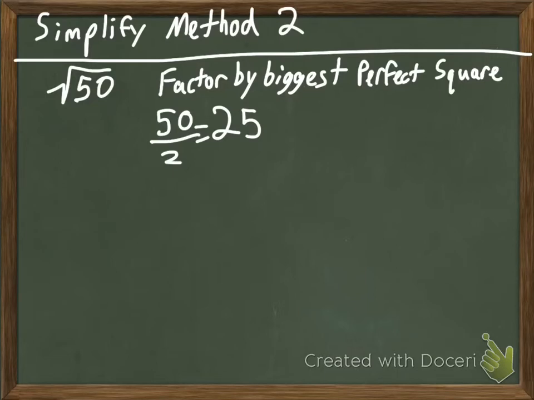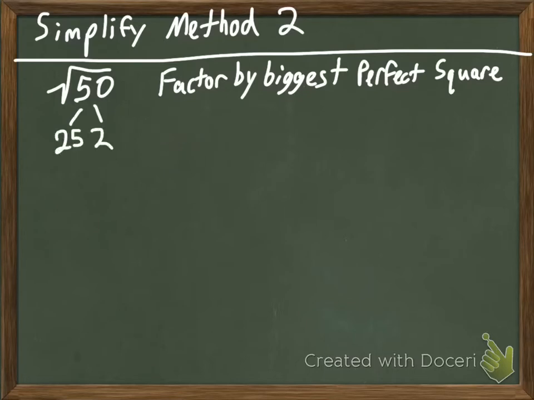I'll show you one in a second where it doesn't really work. So I know, break it down to 25 and 2. What you're going to do now is take the square root of both and multiply that together times the square root of 2. Now we know the square root of 25 is 5. The square root of 2 is just square root 2.